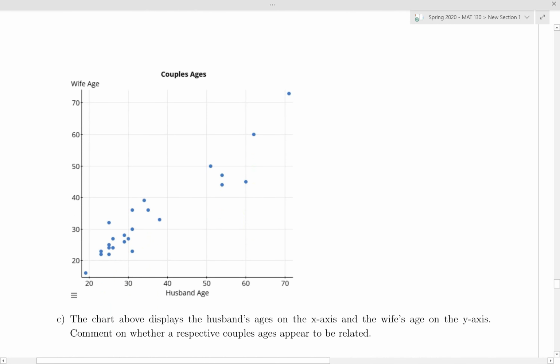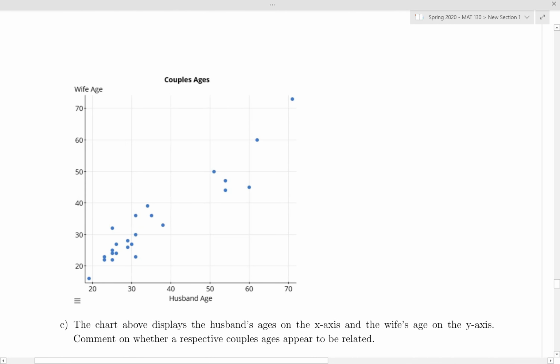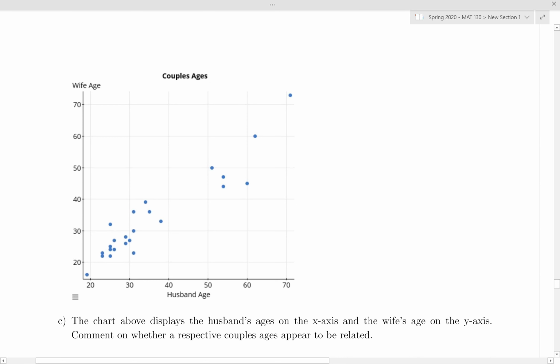All right. So what we did at this point is we wanted to see whether the ages of the couples tended to be related or not. So we took all the couples and plotted on a scatter plot the husband and wife's age. For each couple, we plotted a point.